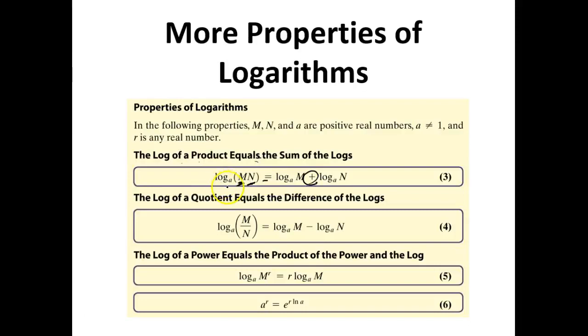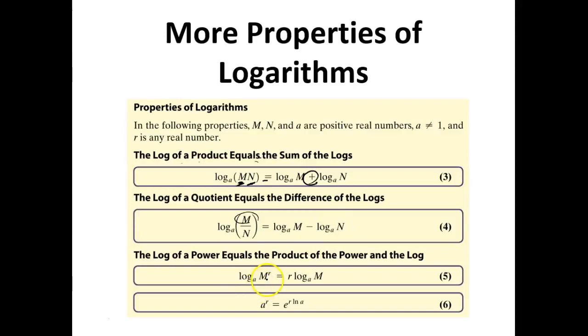So we would take the log base a of the first factor, plus the log base a of that second factor. The log of a quotient equals the difference of the logs. If you have the log of a fraction, it's the log of the top minus the log of the bottom. That's how I think of it. Log of the top minus the log of the bottom.